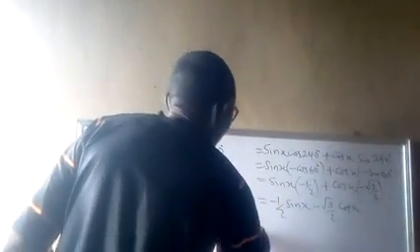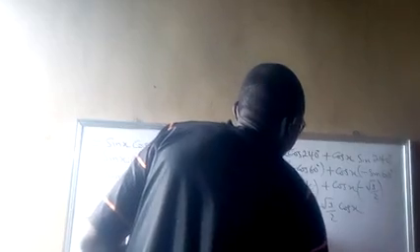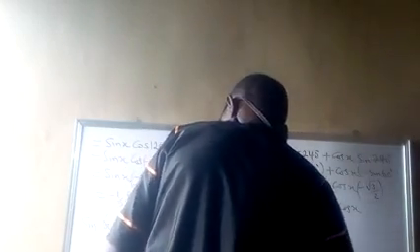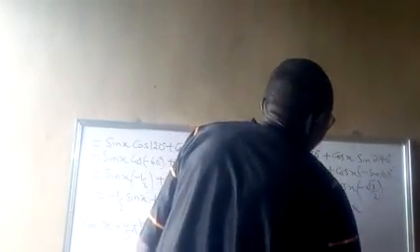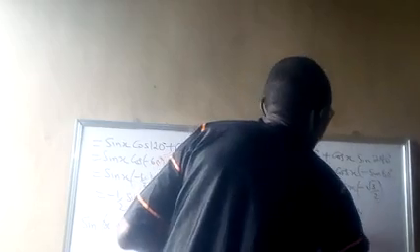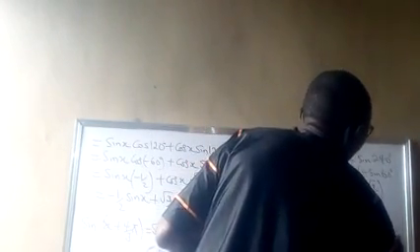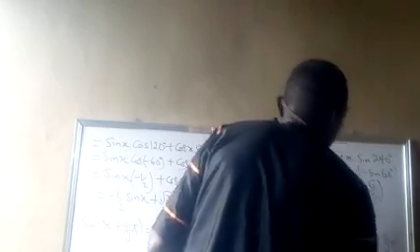Therefore, adding now sine x plus sine of bracket x plus 2 all over 3 pi plus sine of bracket x plus 4 all over 3 pi. Let's look at what it's going to give us.